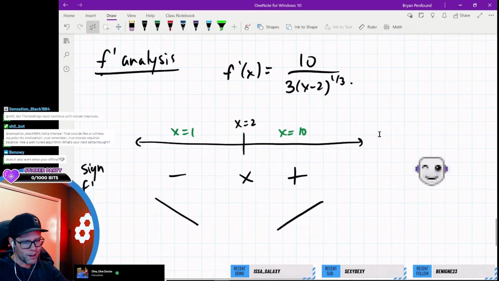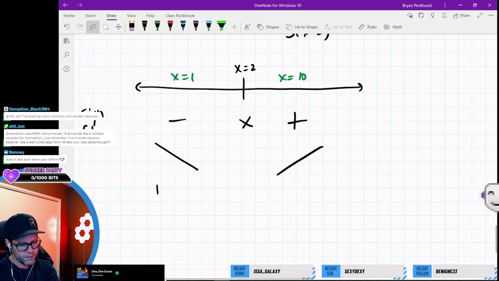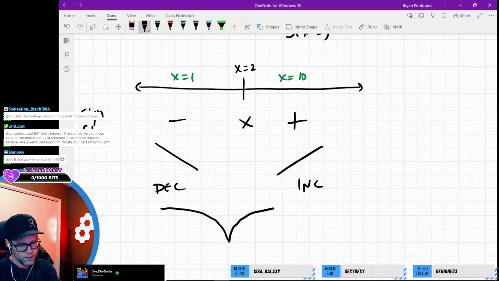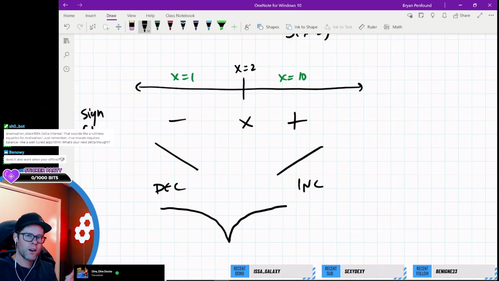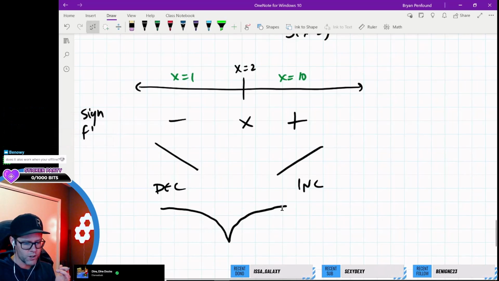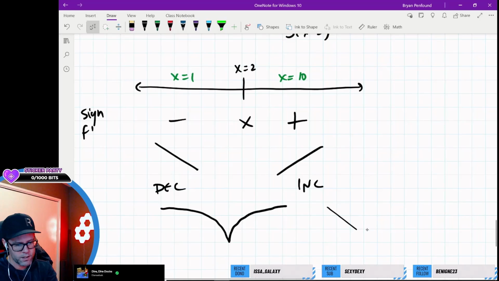So I think what we got going on here is this is definitely an area where we're decreasing. This is definitely an area of increase. And I think we have kind of a... remember when you used to draw birds in like grade 1? I think it's definitely a bird situation where it's concave down, it's going to come into this cusp or V point, and then we're going to have concave down on the other side as well. I don't think I can have decreasing, increasing, and have it concave up.